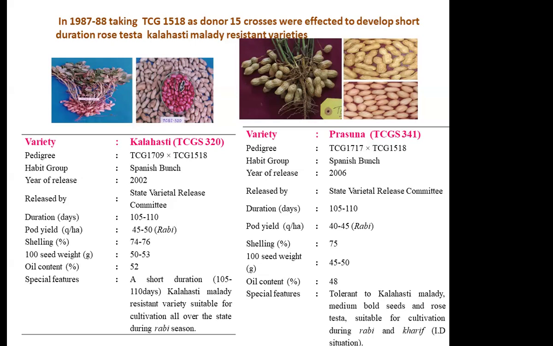Though we say that main axis bearing is Spanish bunch, clearly for a practical purpose, when we have to consider duration only, I feel, how early they are maturing, whether they are coming in 100 days or maturing in 110 or 125 days, that must form the criteria from now onwards, I feel, to decide which one is Spanish bunch or Virginia. I think this classification has become blurred now because of the infra-specific crosses that we are making to transfer traits.